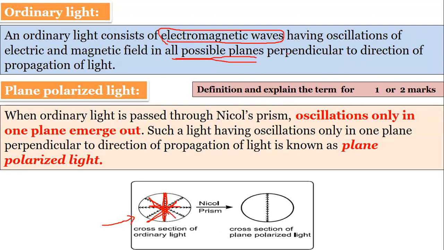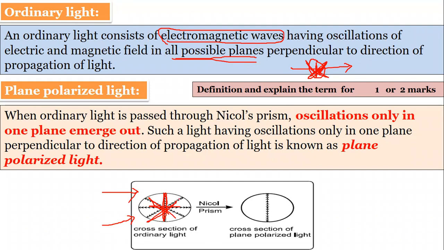This is a very important condition. Suppose this is the direction of propagation of light; the ordinary light can oscillate in all possible directions, and it is shown here how it rotates.